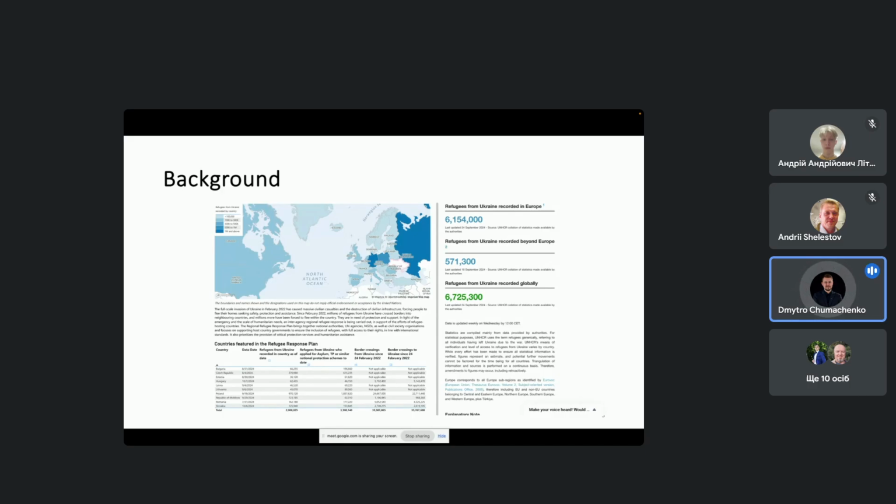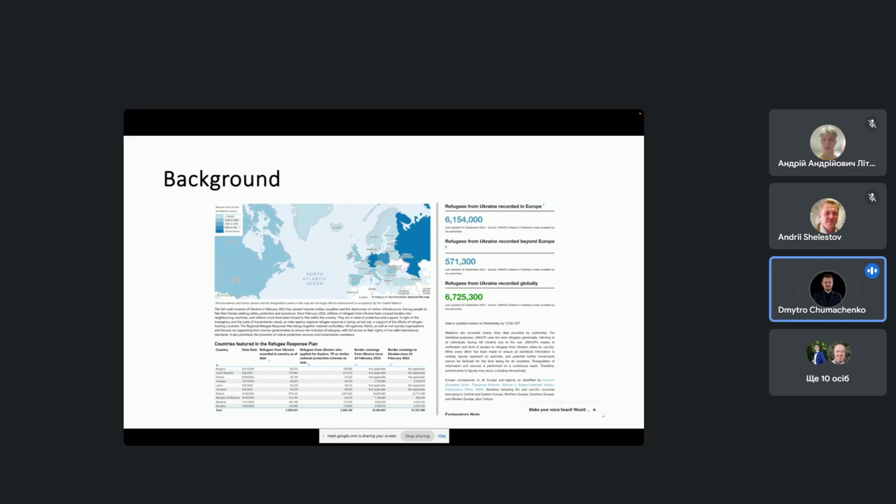The efforts have ranged from emergency cash assistance and non-food items to health services, shelter support, and educational initiatives for displaced children. For instance, the International Organization for Migration has played a critical role in coordinating cross-border relief efforts, providing health services, shelter, mental health support, and livelihood assistance to millions of displaced individuals within Ukraine and in neighboring countries.